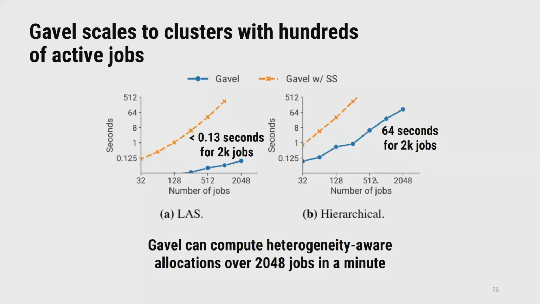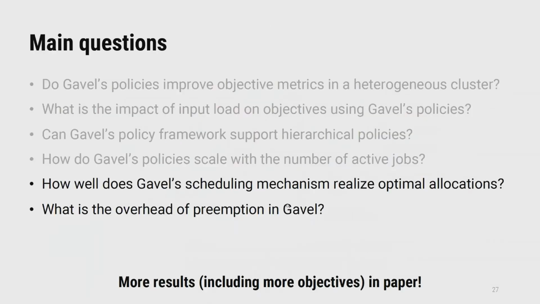This is for LAS as the single goal. If you have a hierarchical goal for multiple objectives, then you increase the complexity of the computation, and it takes about a minute to allocate those 2,000 jobs.